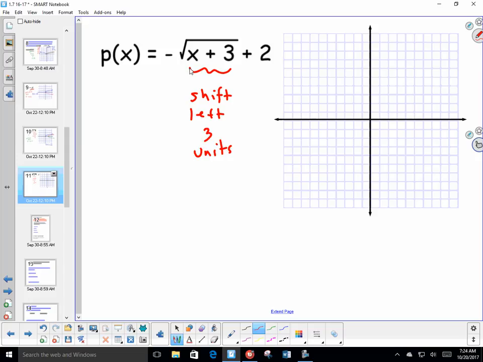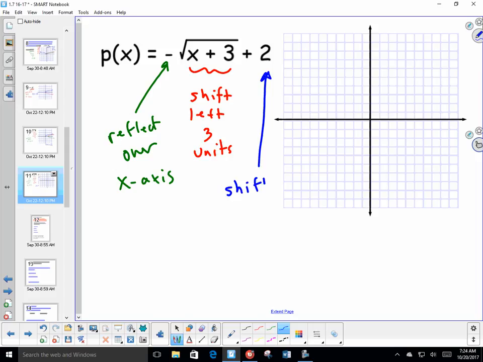All right, this negative out here is going to be a reflection over the what? Well, it's outside of the whole function, so it's a reflection over the x-axis. And then this plus 2 here would indicate a shift. Since it's on the outside of the function, not underneath the radical, not in with the x, that would be a shift up 2 units.